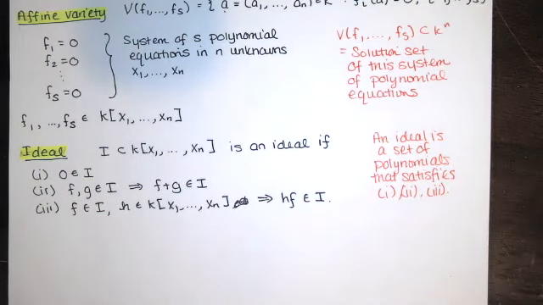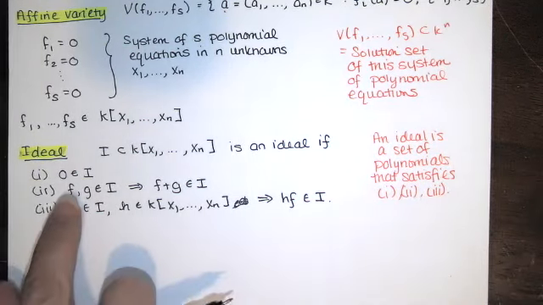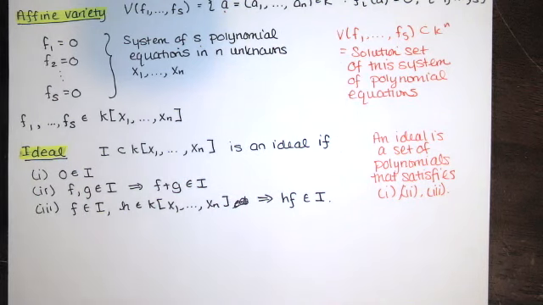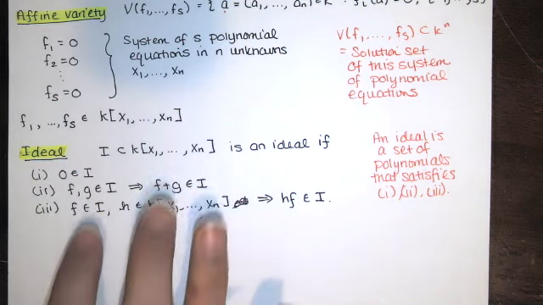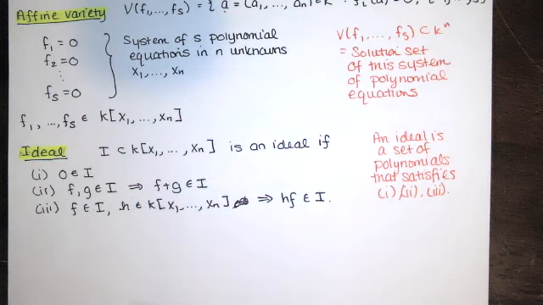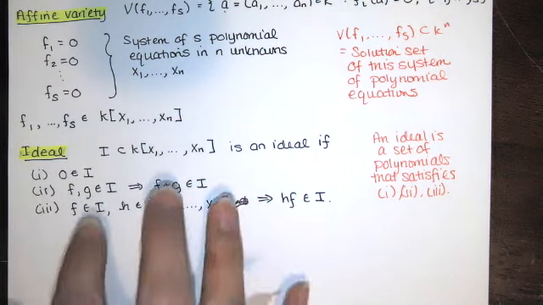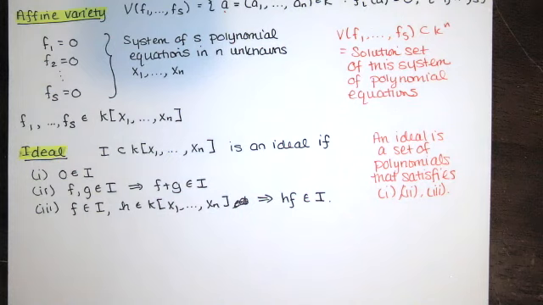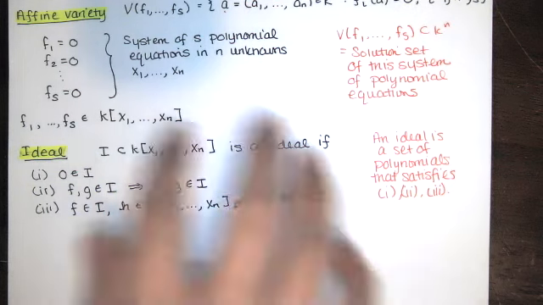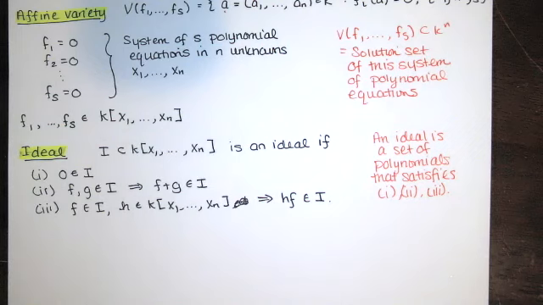So the zero polynomial has to be a member of that set. And if we have two polynomials in the set, their sum has to be in the set. And then if we have a polynomial in the set, and then we have any old polynomial in our polynomial ring, we can multiply those together and we're still going to have a polynomial in the set. Now, initially that seems very abstract, and I suppose it is. But when you think about this system of equations, it has a very intuitive interpretation, and this is a very meaningful object. So let's look at a particular ideal.